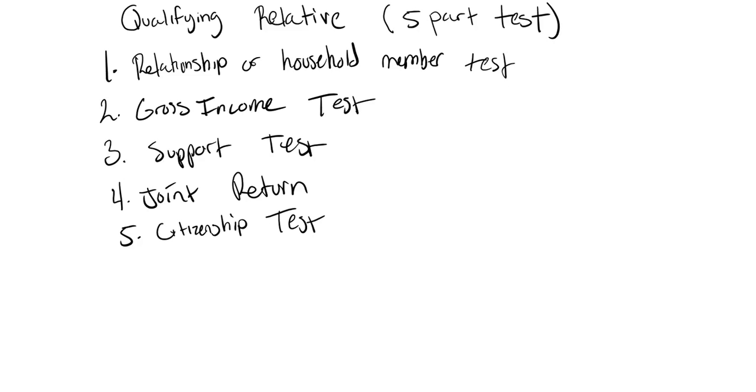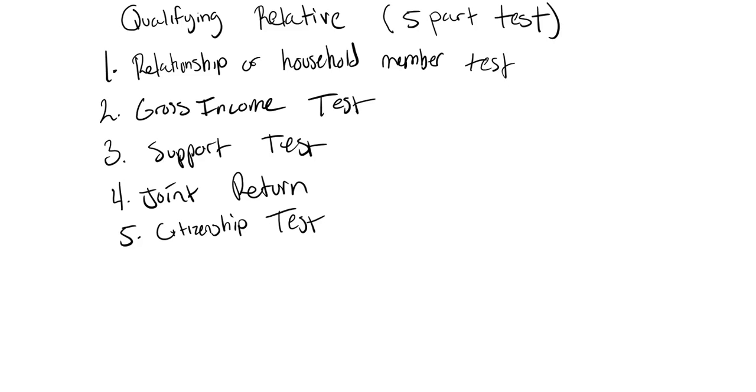The individual must either be a relative of the taxpayer or a member of the household. The list of qualifying relatives is broad, but it includes parents, grandparents, children, grandchildren, siblings, aunts and uncles by blood, nephews, nieces, in-laws, and adopted children.